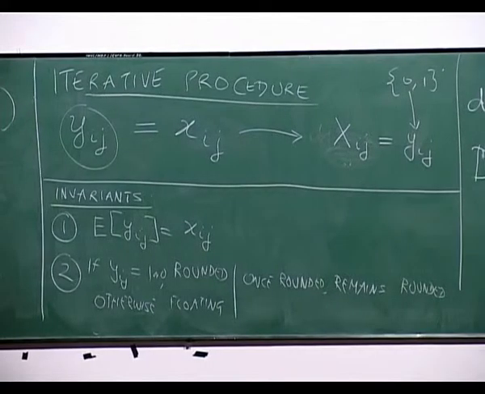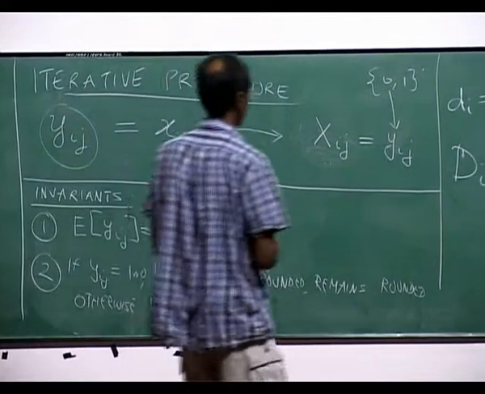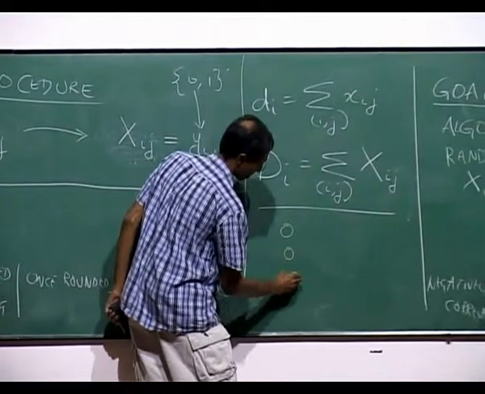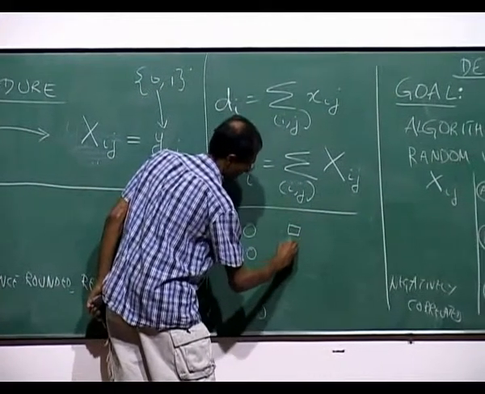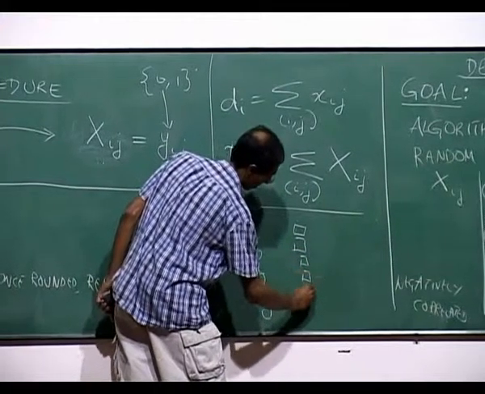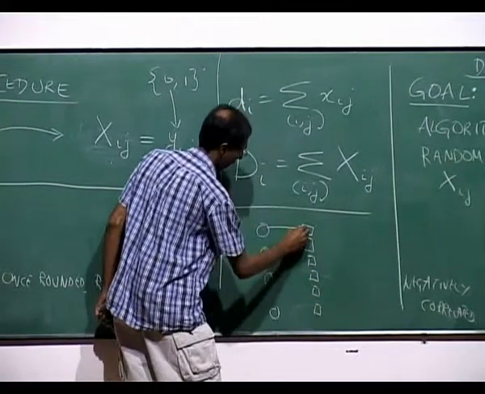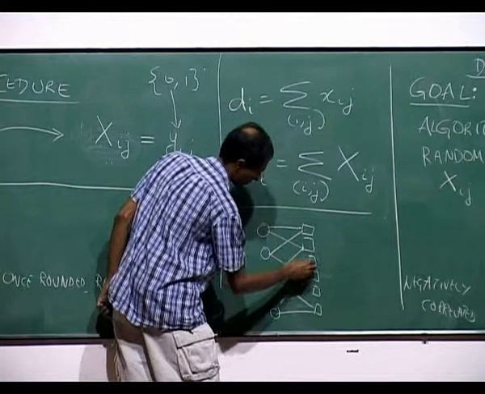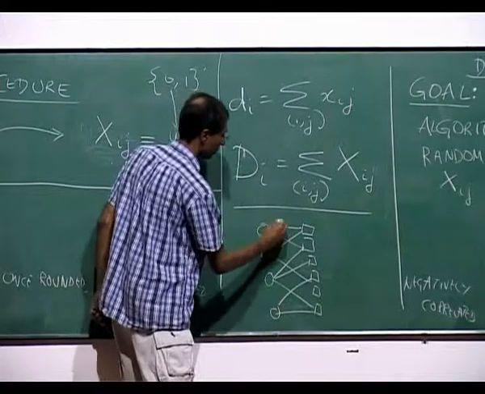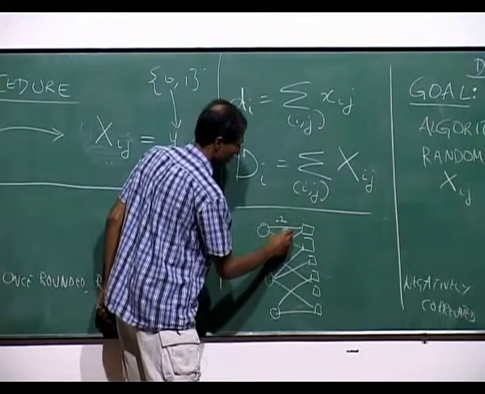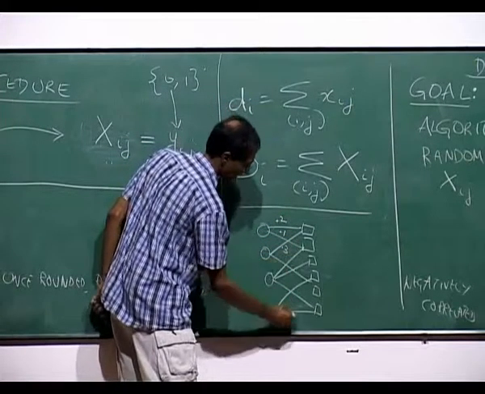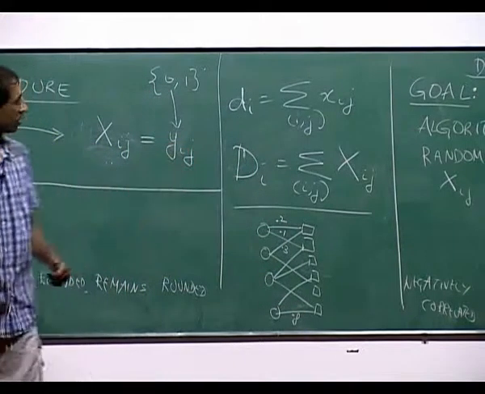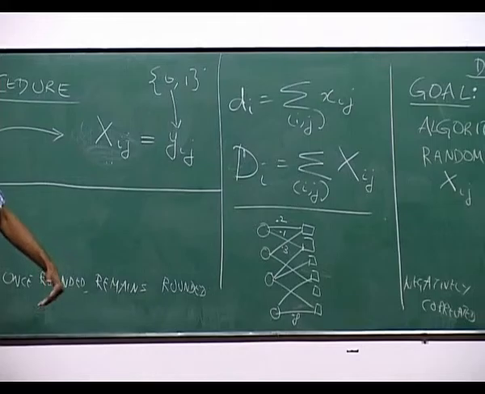So let's think again. We have a graph with some values on it: 0.2, 0.1, 0.3, 0.8, and so on. These are all the x values. We initially set these to be the y values.